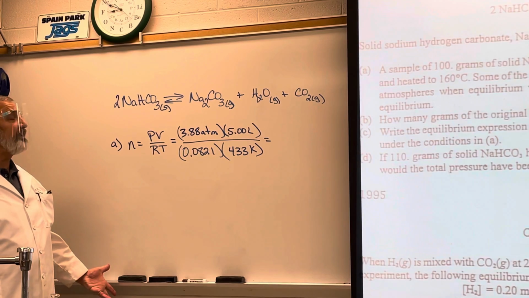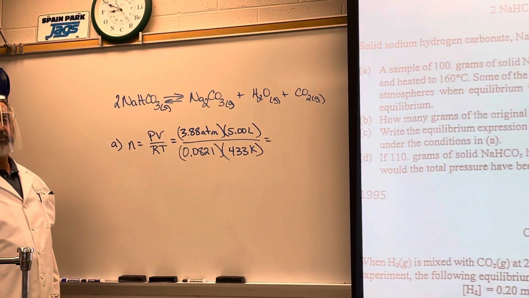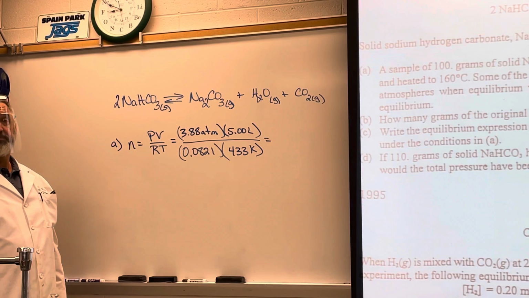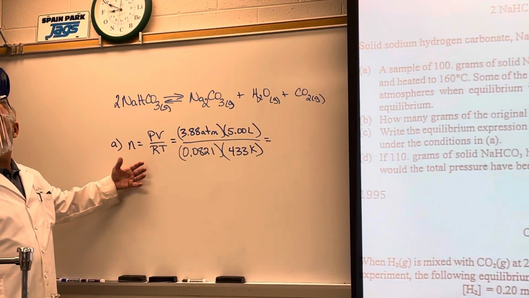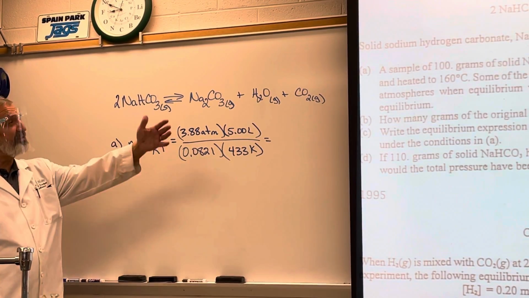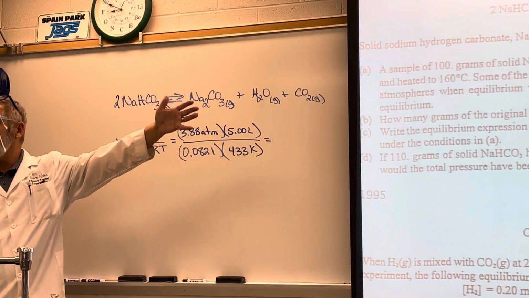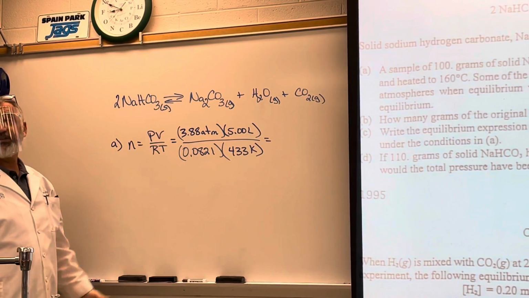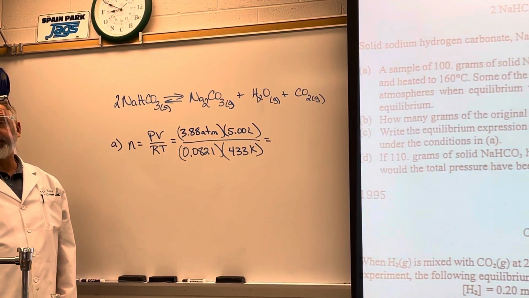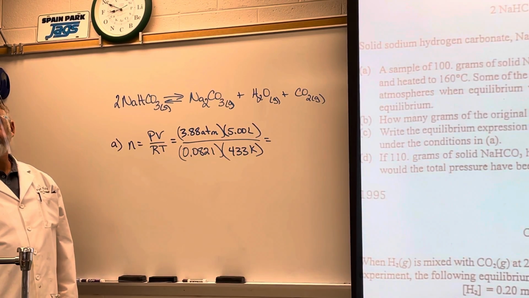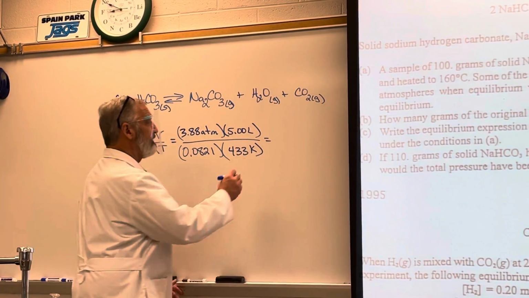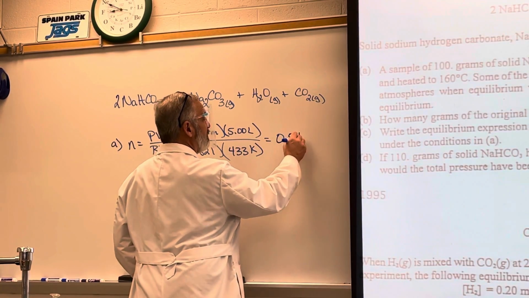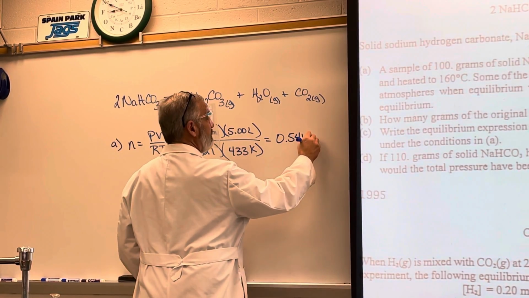So we plug all that in and we get moles of water. Again, whenever we have a temperature, a pressure, a volume, you're going to use PV equals nRT. This is how they throw it in there. What do we get? 0.546 moles.